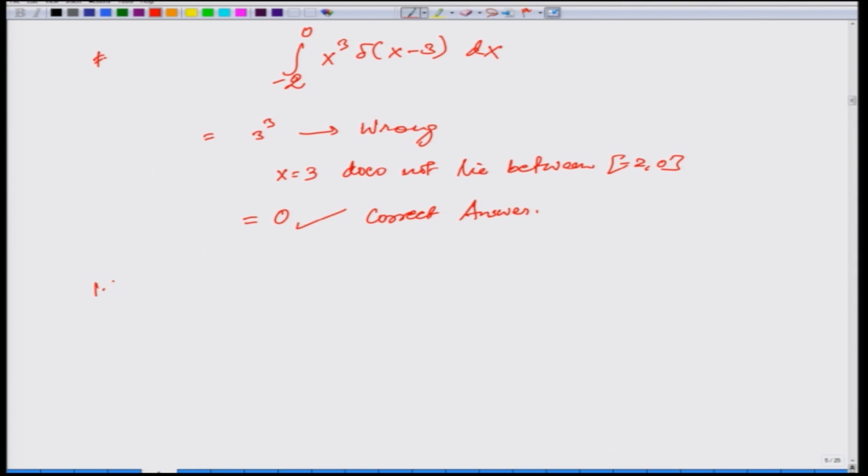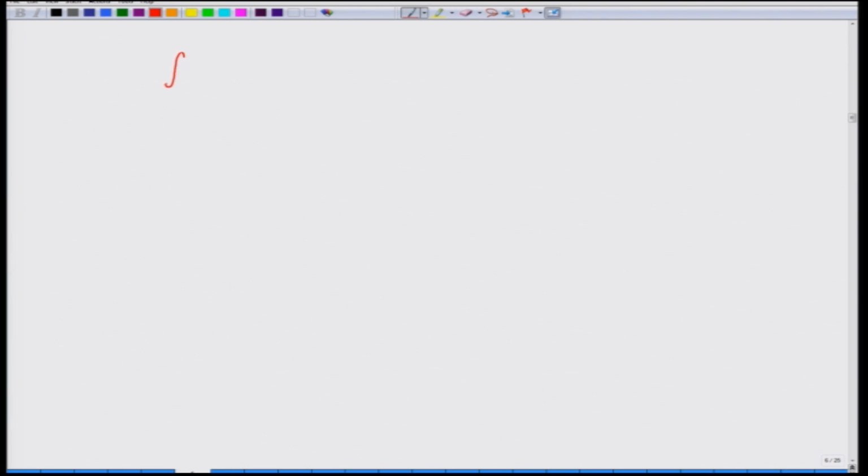Question number, let us say 1.45, where the question is, show that x d by dx of delta x is minus delta x. So we are supposed to find this integral. How will you do it? Simple. Just evaluate the integral from minus infinity to plus infinity of f of x times x d by dx of delta x dx.